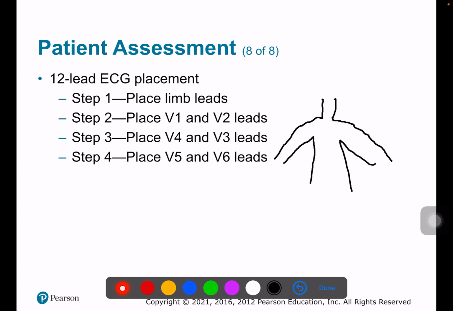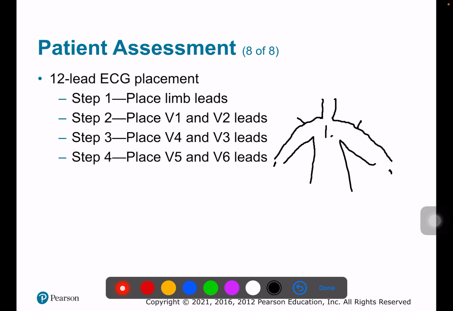That arm is huge, but you guys get the picture, right? So limb leads will be somewhere either here or at the wrist, here, okay? But the sternum is right here. So the heart is where? It's right here. It's on the left side.